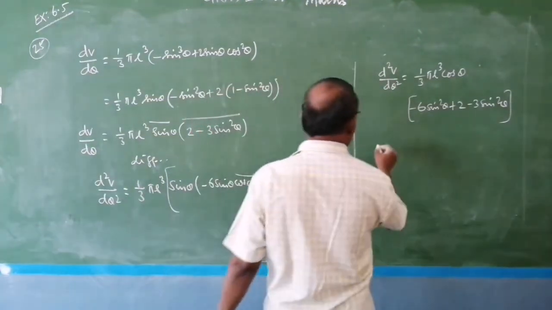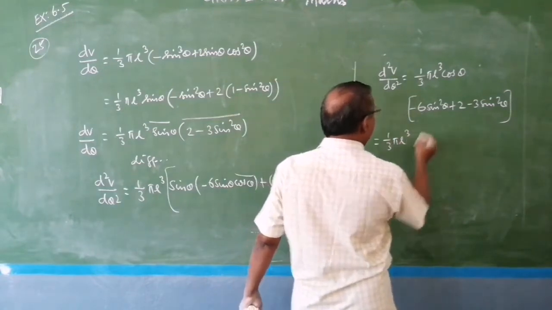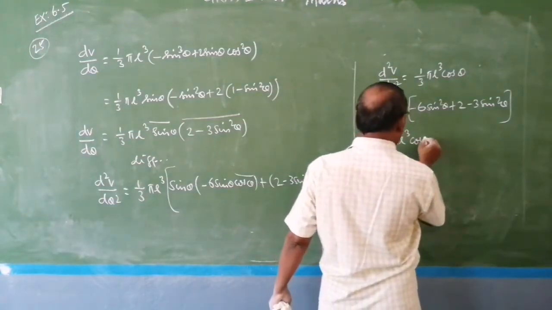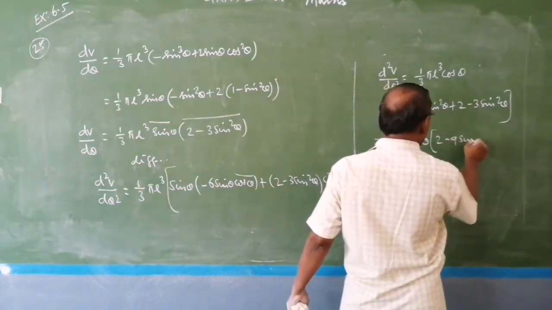Now this is equal to 1 by 3 pi L cube cos theta into 2 minus 9 sin square theta.